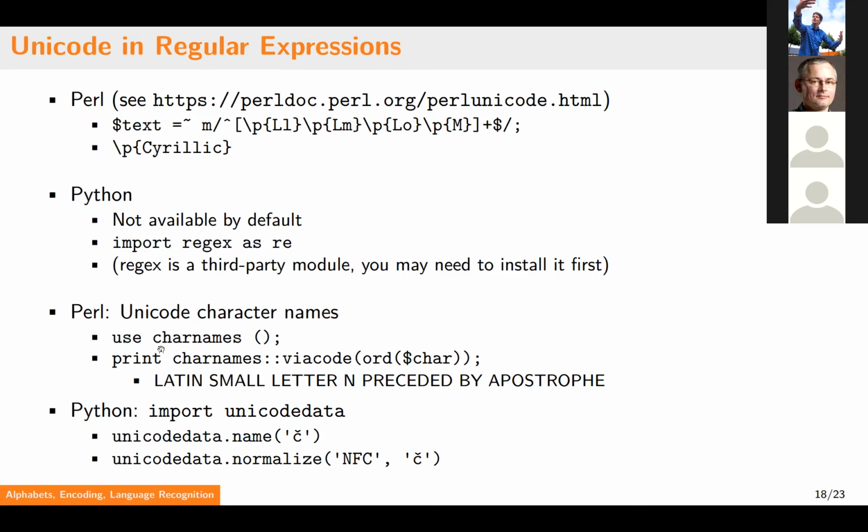So in Perl, you would say use charnames, and then you can provide a character or character code, and it will tell you the Unicode name of this character is Latin small letter n preceded by apostrophe. The names are always sequences of just uppercase English letters so that they are visible in most encodings, even if you don't have Unicode. And you can get the same behavior with a different syntax in Python as well.